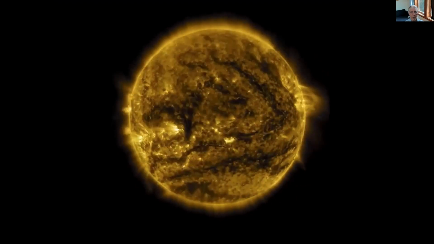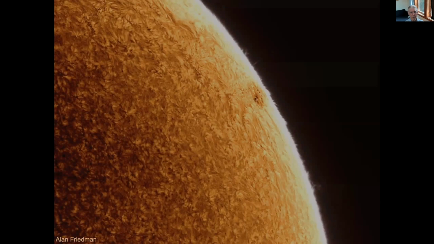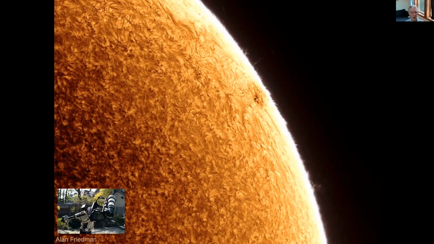If we zoom in, for instance, this picture, which was taken surprisingly by a home telescope, we see that structure is at all spatial scales. We see large features like this sunspot. We see smaller features, and within those smaller still features, and each voxel here is 120 square kilometers. So if we could zoom in still further, I'm sure we would see further fine detail.